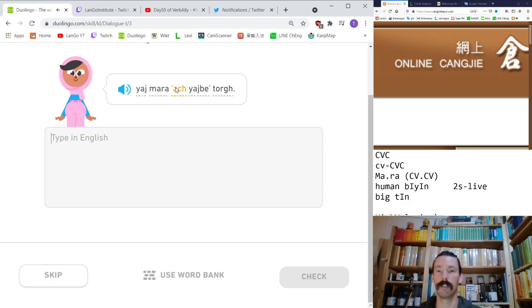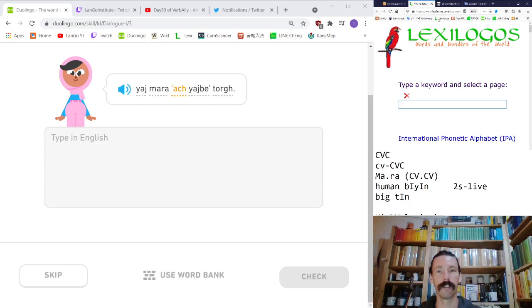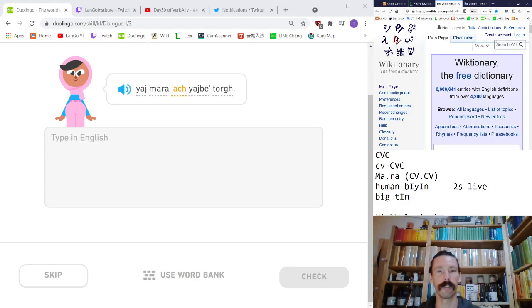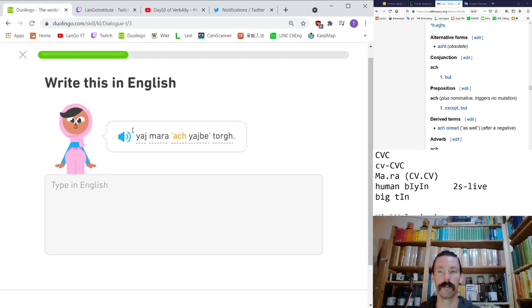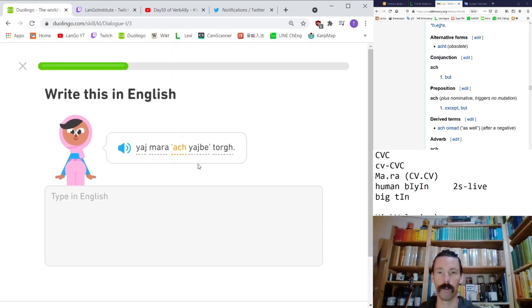Is that but? Ach. Is that also Irish for but? But. So a nice parallelism of Irish and Klingon, whether intentional or not. That kind of thing is common. The words happen to resemble each other. Mara understands and Torg does not understand.